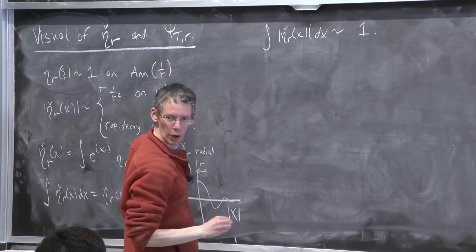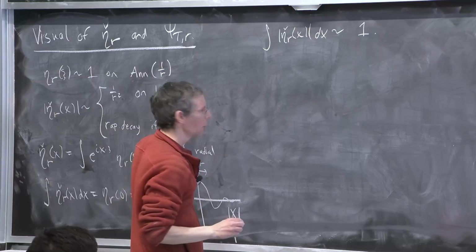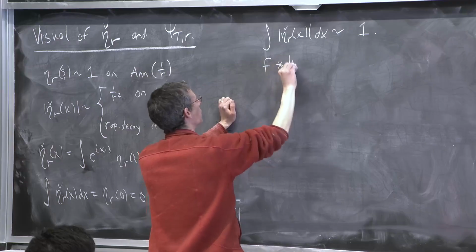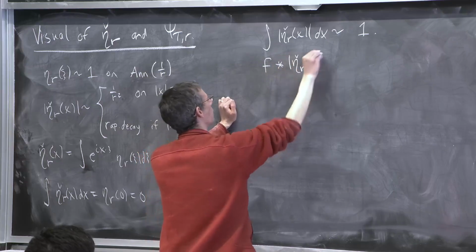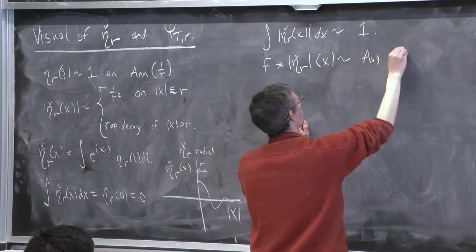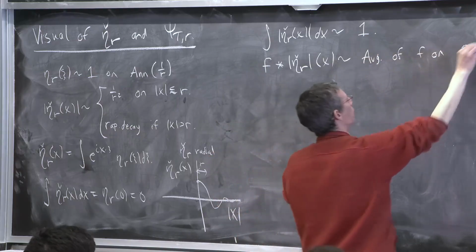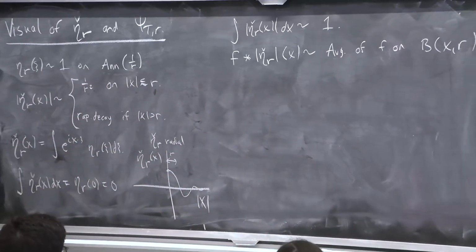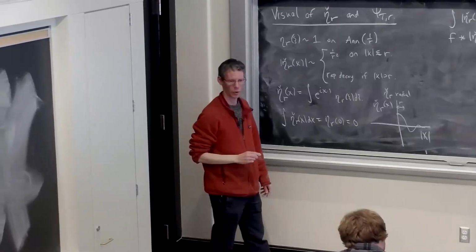That integral is around 1. So if I were to take some function and convolve it with the absolute value of eta r check of x, that would roughly be the average value of f on the ball around x of radius r. The sort of weighted average. It's not exactly the standard average, but that's roughly what it is.